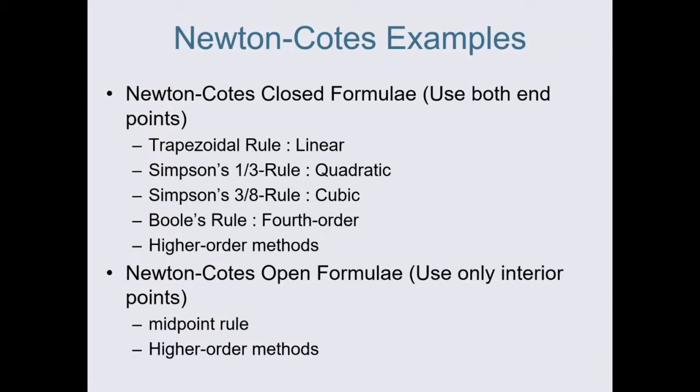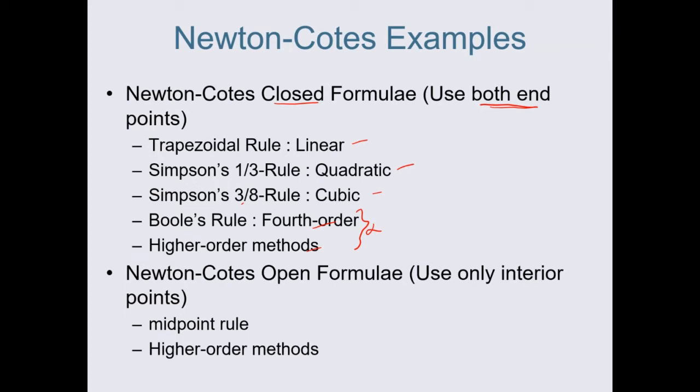We have the Newton-Cotes closed formula, which include both the endpoints, and among them we have the trapezoidal rule, which is a linear fitting to the function. We have quadratic fitting, which is Simpson's 1/3 rule. We have Simpson's 3/8 rule, which is cubic fitting. We have a fourth order fitting, and we have higher order methods. We'll not cover these, we'll only stick to the first three.